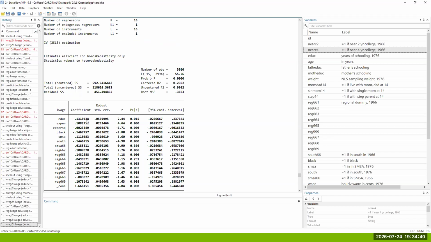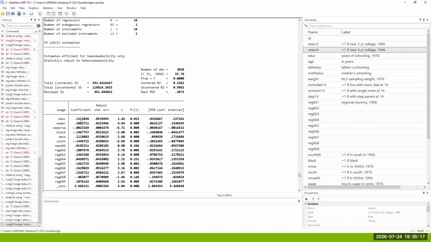So even if you are using a different method, which uses only internally generated instruments, the coefficient should still be bigger than that of the OLS. In practice, the coefficient using internal instruments only would also be smaller than the standard two-stage least squares, mostly. So take note of that.